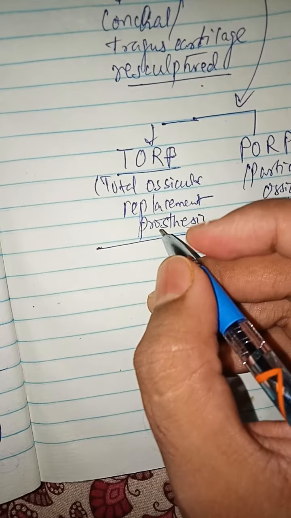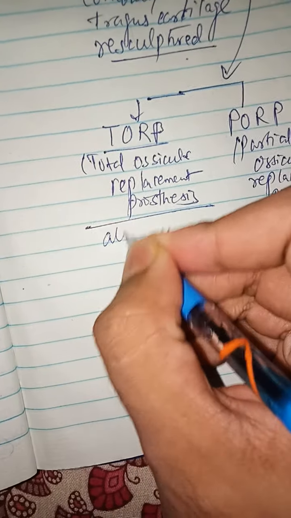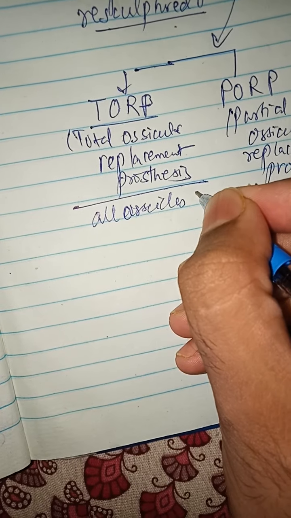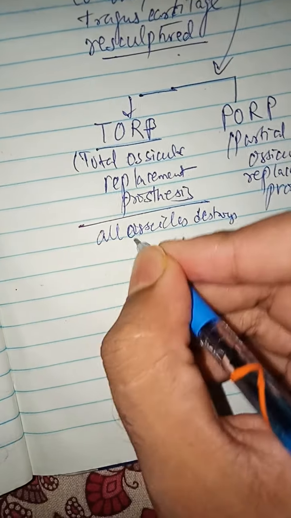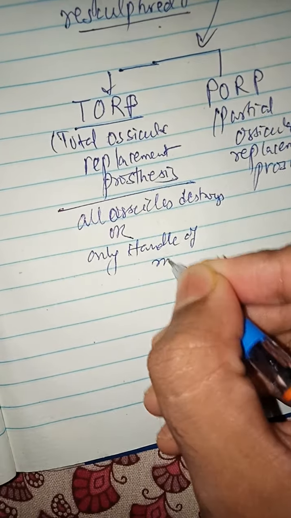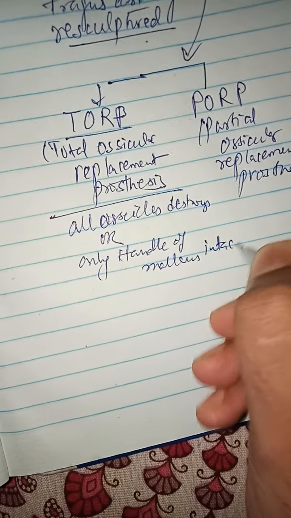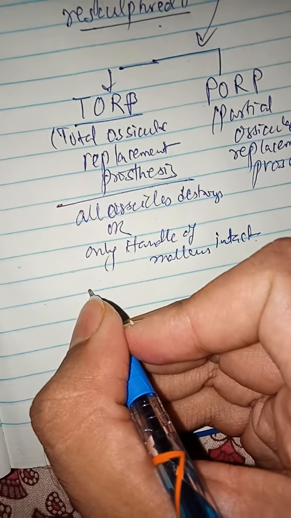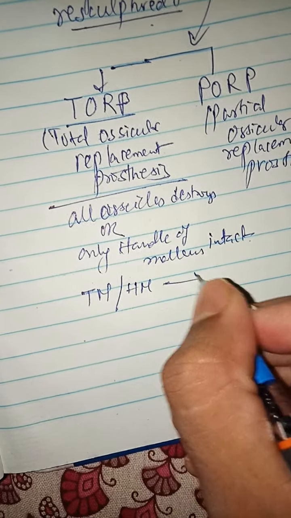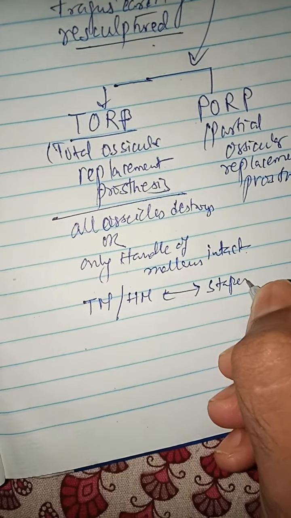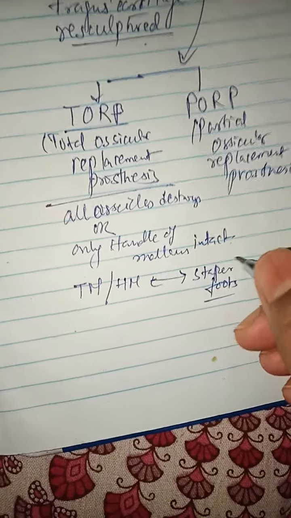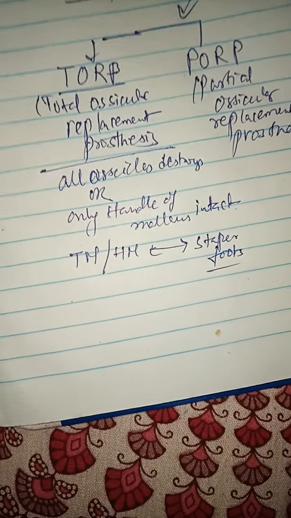In total ossicular replacement prosthesis, when all ossicles are missing, all ossicles destroyed, or only the handle of malleus is intact and all others are destroyed, then it is placed between the tympanic membrane or handle of malleus and the stapes footplate, because the stapes superstructure is destroyed, incus is destroyed, and the other malleus structures are destroyed.